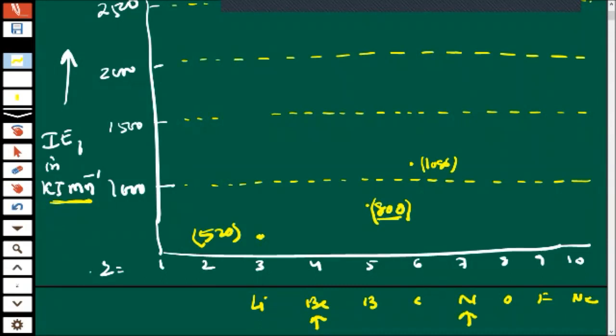Then I am moving to oxygen. Oxygen is having 1314. This is the value for oxygen. Then fluorine 1681 kilojoule per mole.